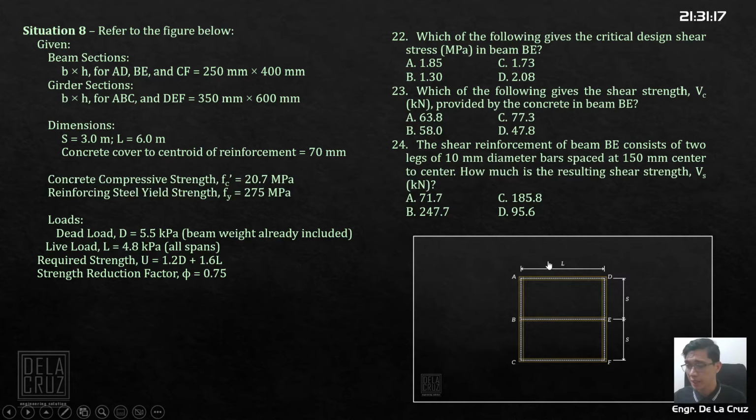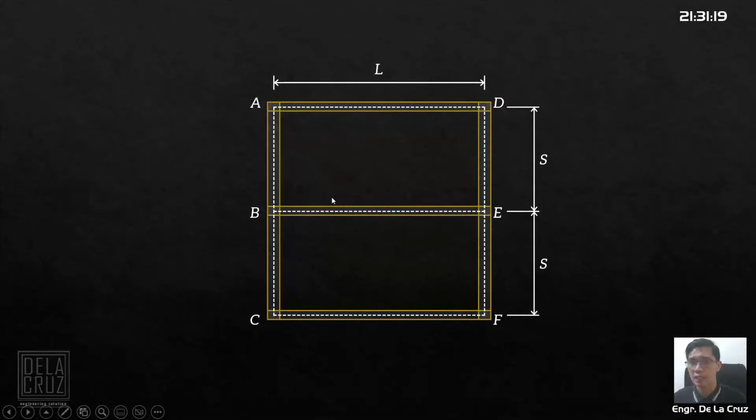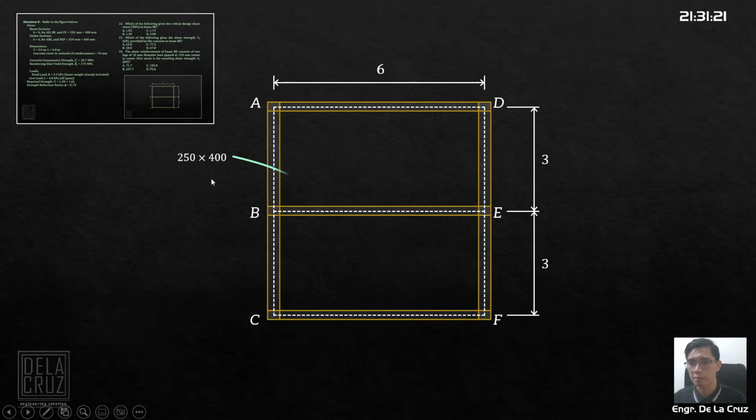Beam BE. I am only focusing on beam BE here. AD and CF are also 250 by 400. Alright, our girders ABC and DEF are 350 by 600 mm. Again, this is it.